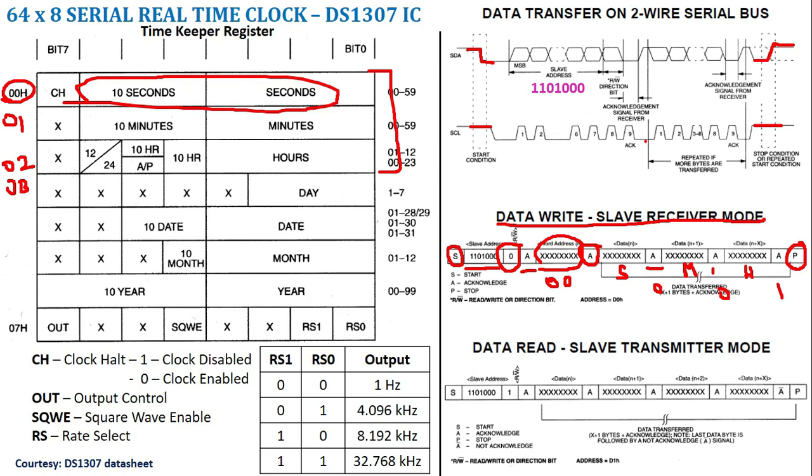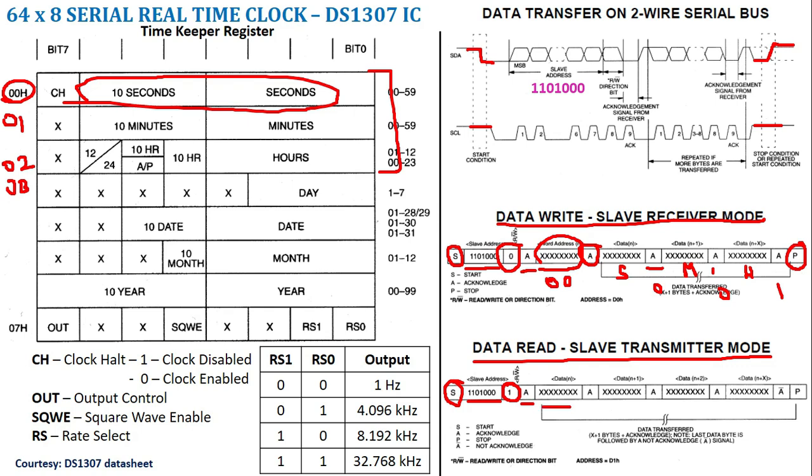Now let us look at how the master is going to read the data from the slave. That is data read mode, slave transmitter mode. Again the master will send the start signal, give the slave address, then set the read bit. The read bit is 1. Then it waits for an acknowledgement. Once that is sent, the data will be sent by the slave.